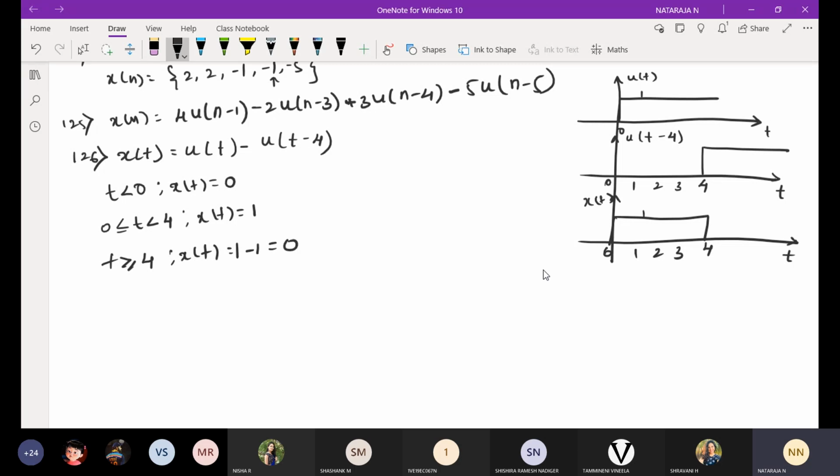And finally, you will get x of t is equal to u of t minus u of t minus 4 is equal to 1 when t lies between 0 and 4. This is the final solution.